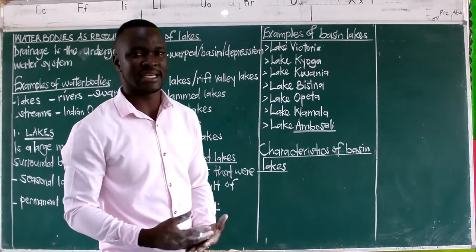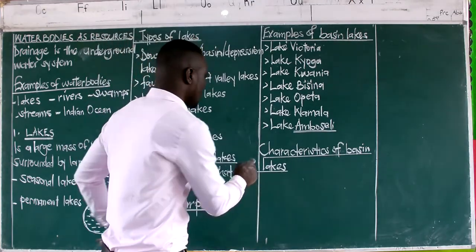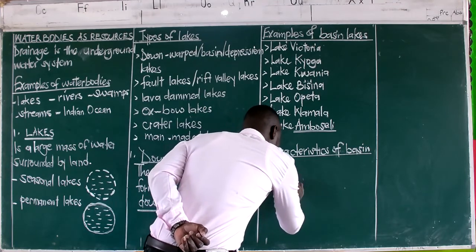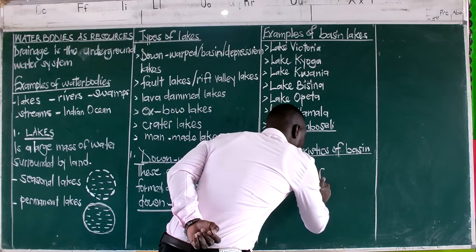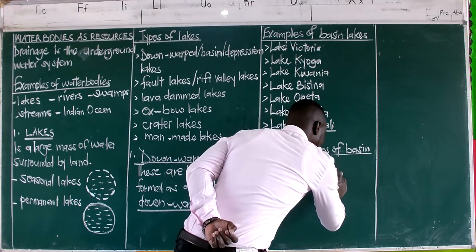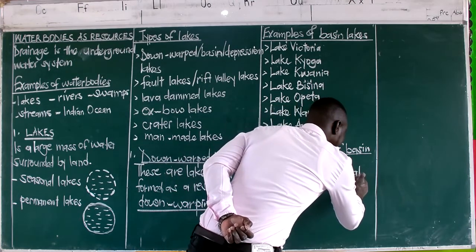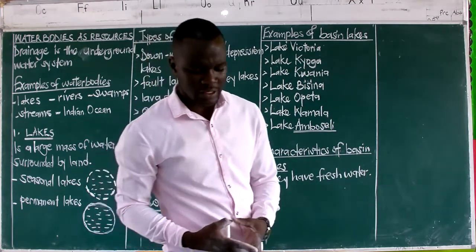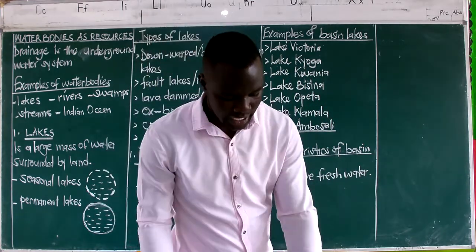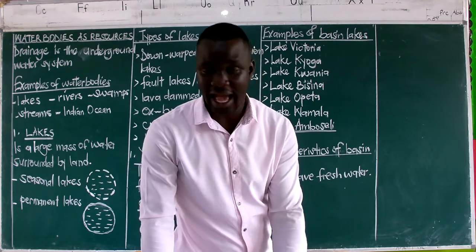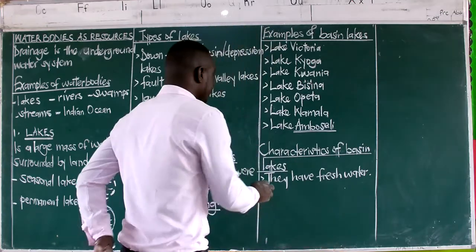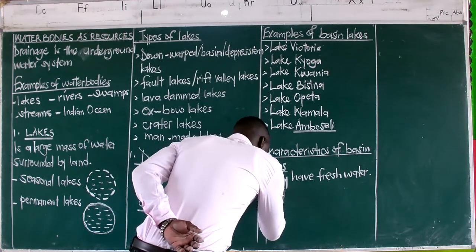Which things are seen in these lakes? Number one, we shall be able to note that these lakes have fresh water. When we taste the water in them, the water is fresh. It's not salty like we have with other lakes. Then the second one says these lakes have irregular shapes.